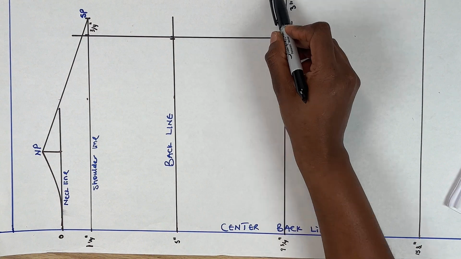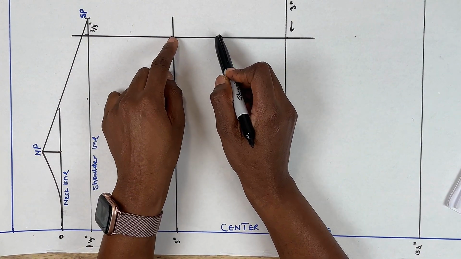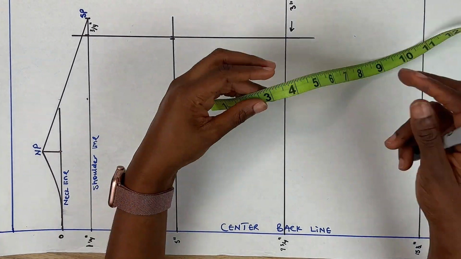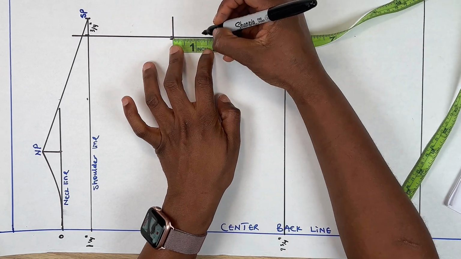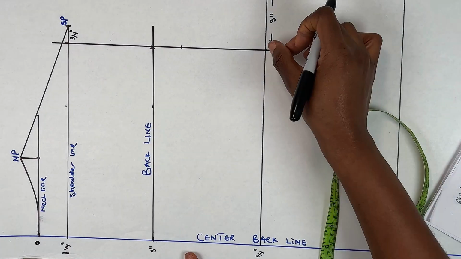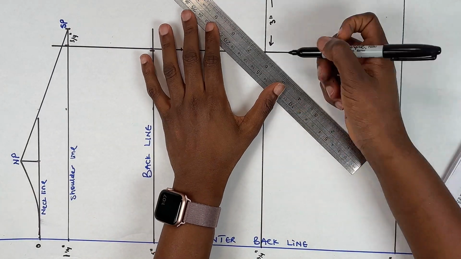To draw our armhole, keep the armhole straight for about 3 cm near the backline level. So 3 cm converted to inches is. Next, hollow it out at the angle. I'm going to look for the center part of this angle.